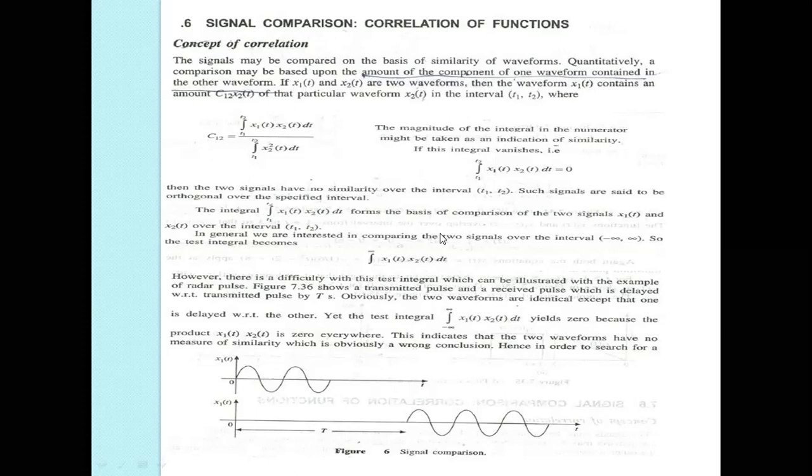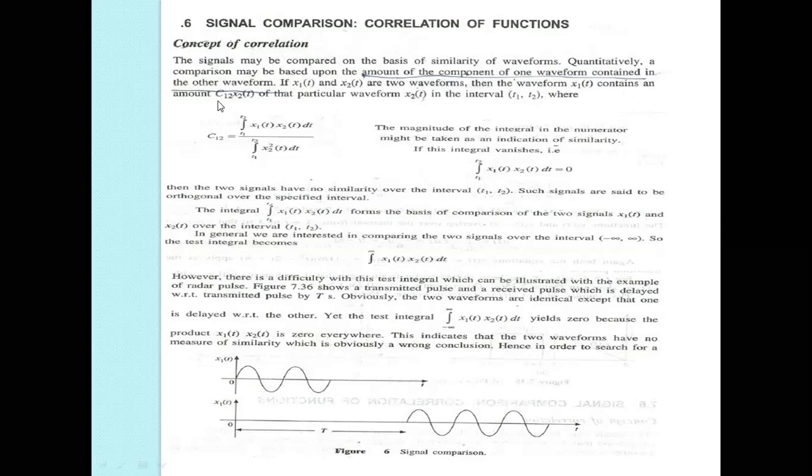What are the similarities in the two signals? Whether the two signals are different signals, we call it cross correlation. Whether the two signals are the same signal, or we are comparing it with itself, we call it the autocorrelation function.